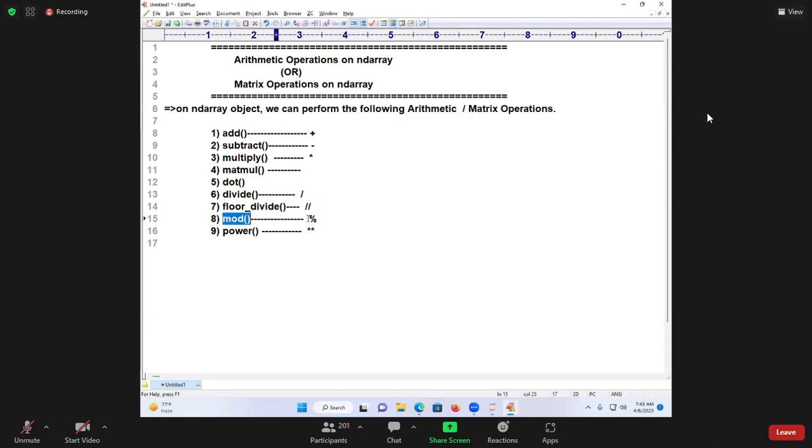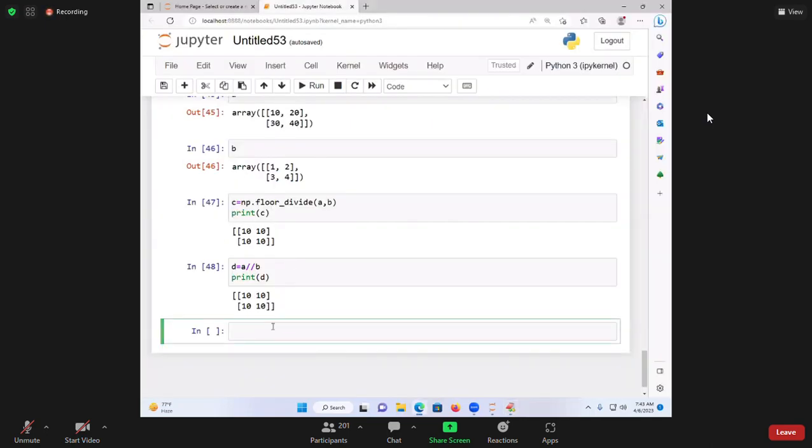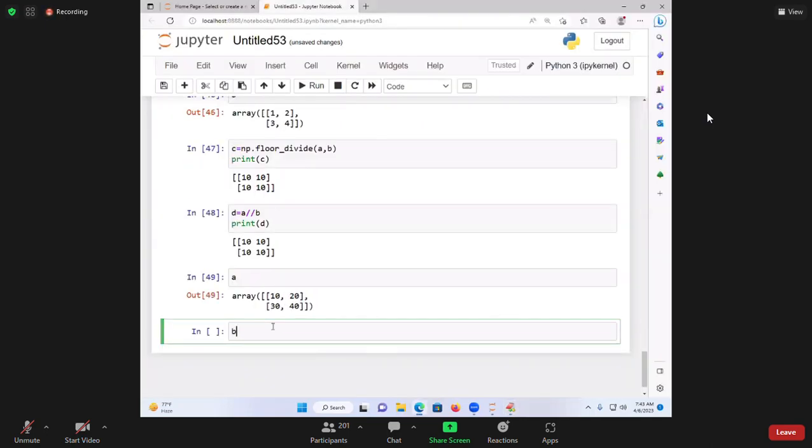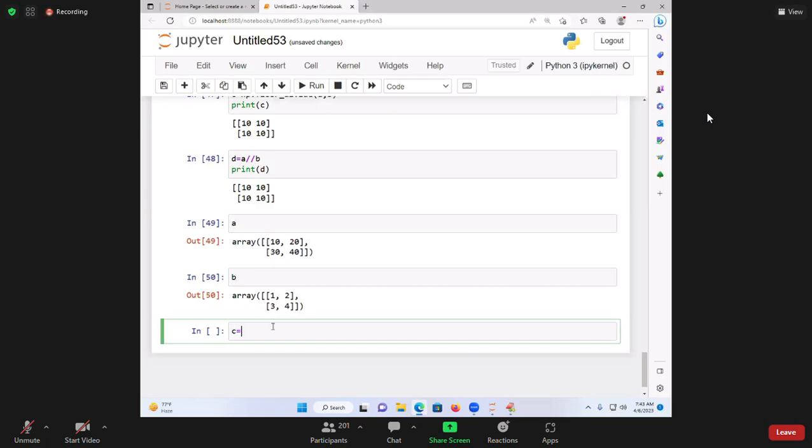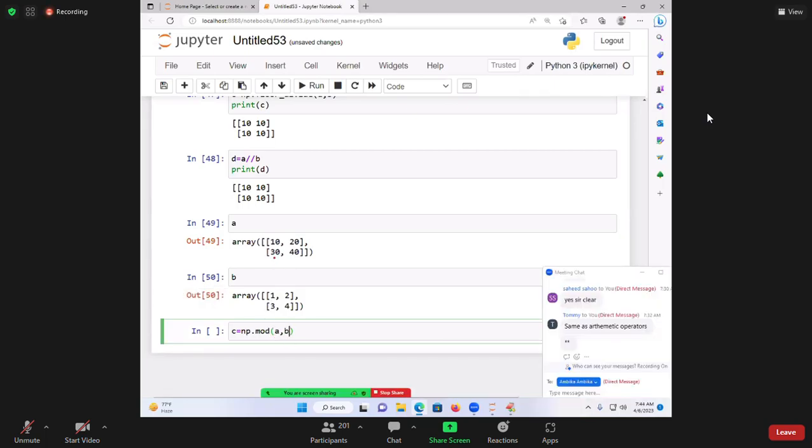Mod. I'll be applying the modulus operator. A value, B value you print. C is equal to np.mod of A comma B. Modulus means what? 10 and 1 modulus. 10 percentage 1. Modulus means percentage only.